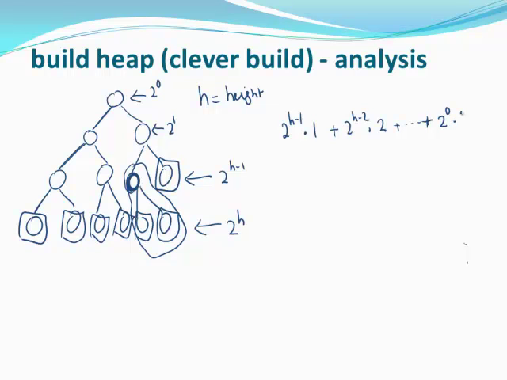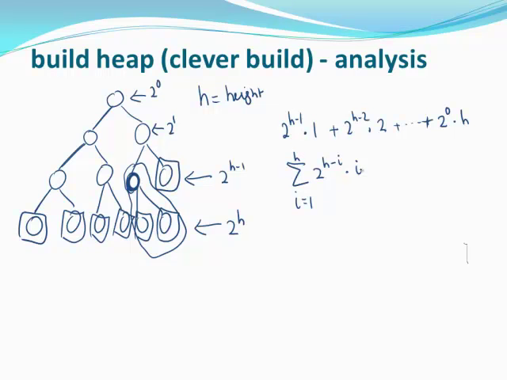The worst case scenario would be that we bring that down h levels. So in terms of writing this as a series, we can write this as 2 to the power h minus i times i, where i goes from 1 to h. When i equals h, you will get 2 to the 0.